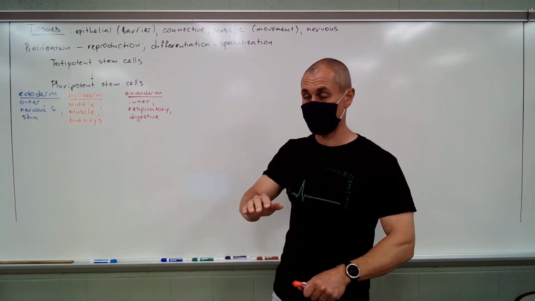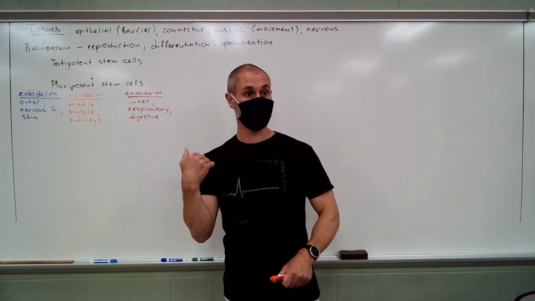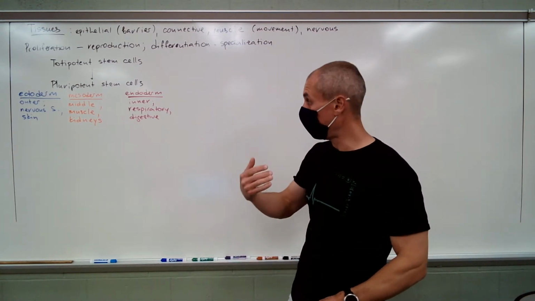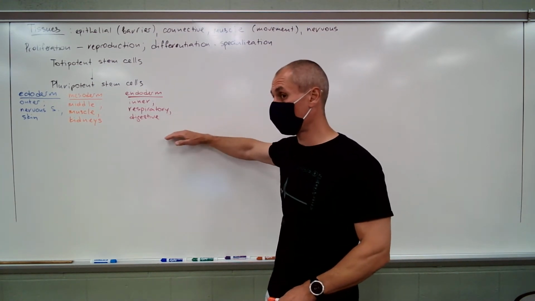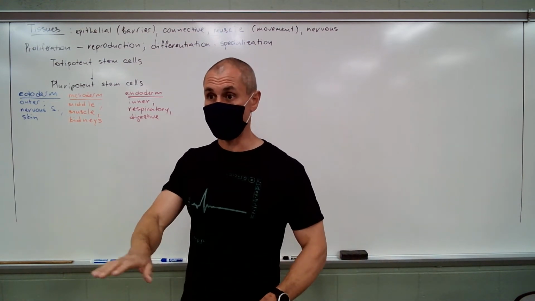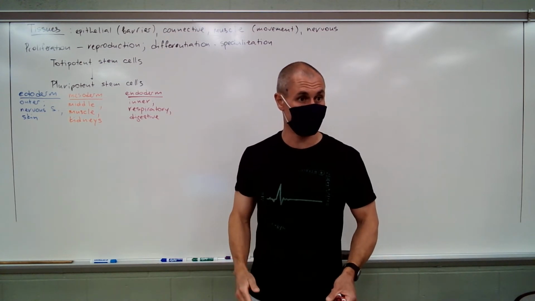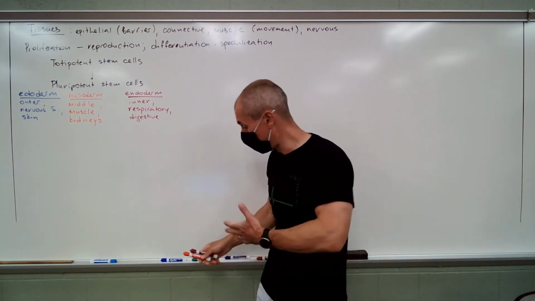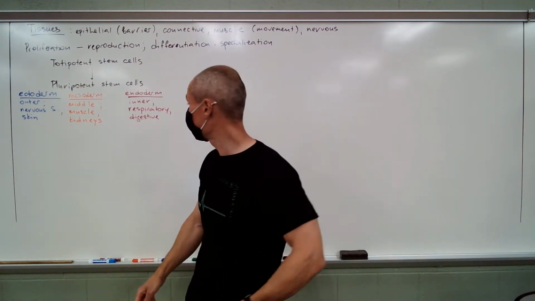Like, I can ask you, which of the following organs is derived from endoderm? And it's going to be either respiratory or digestive. It's not going to be anything else that's also derived from endoderm that we did not say in class. Am I clear? I'm trying to kind of emphasize this idea.